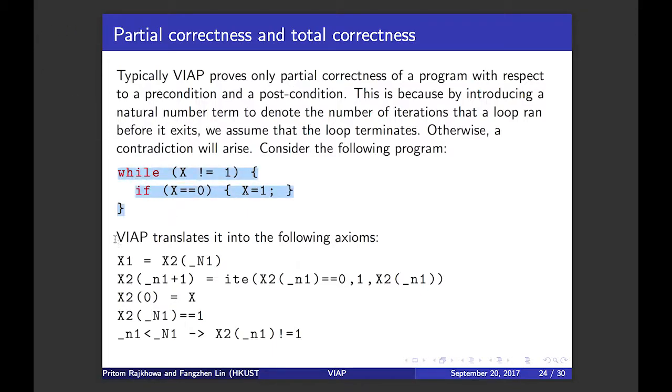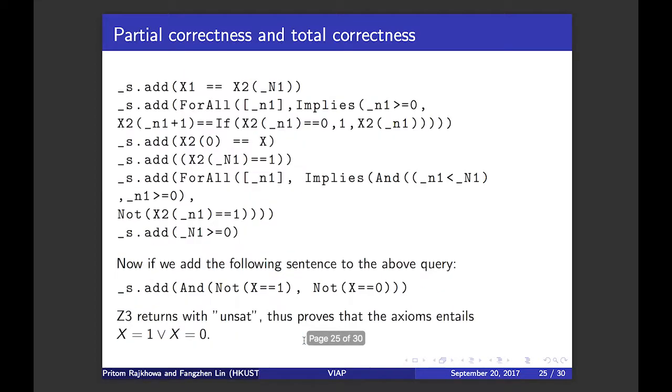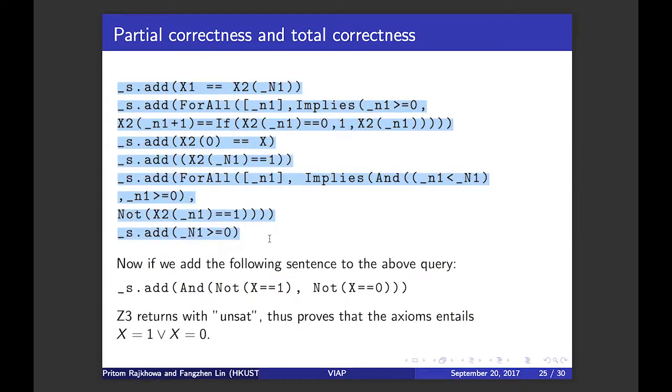VIAP can translate this program to the following set of enzymes, and you can represent those in Z3. When you pass this set of enzymes to Z3, Z3 will return a model, indicating that the set of enzymes is consistent. Otherwise, a contradiction might arise and it will return unsat.